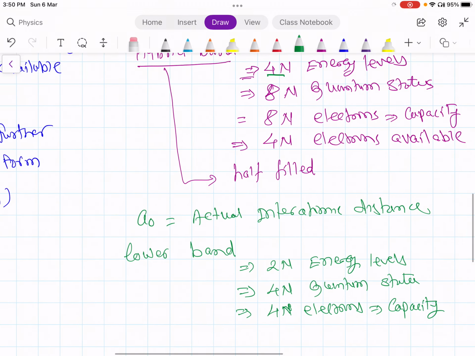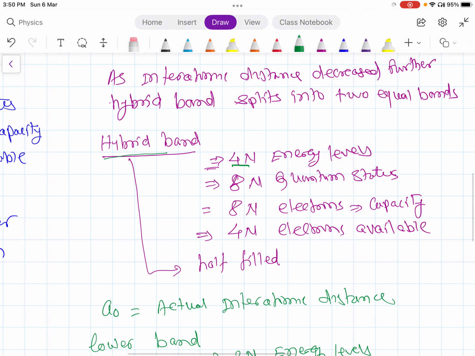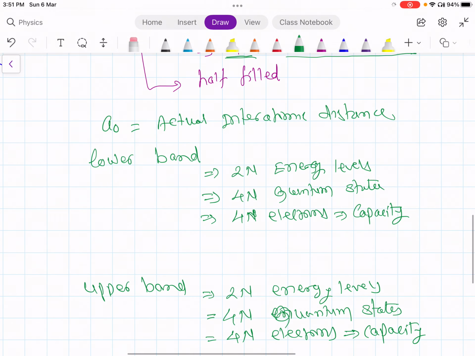However, in the hybrid band, available electrons are only 4n. It has a capacity of 8n electrons, but only 4n electrons are available. So all these 4n electrons will occupy the lower band, because electrons first fill the lowest energy levels.